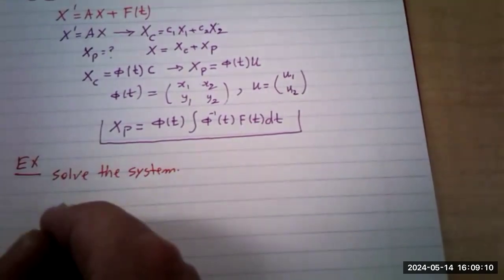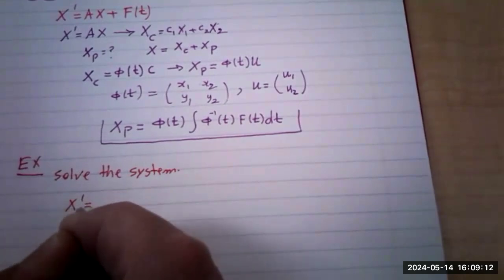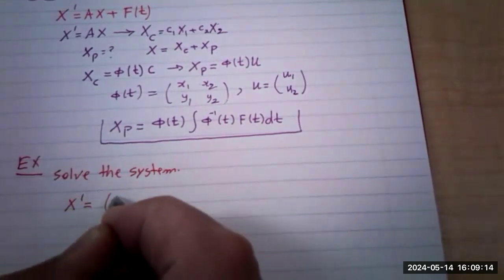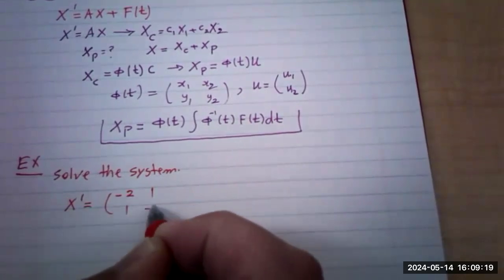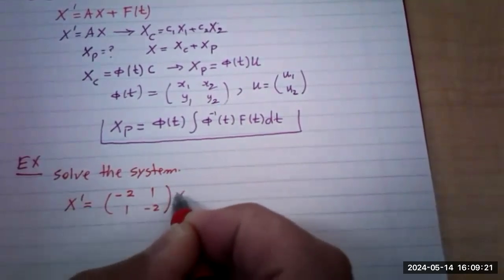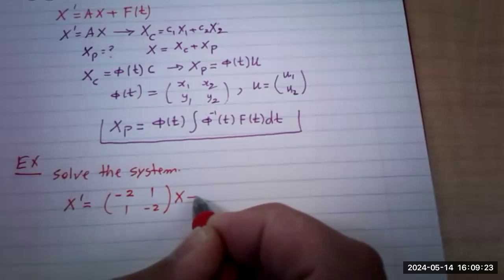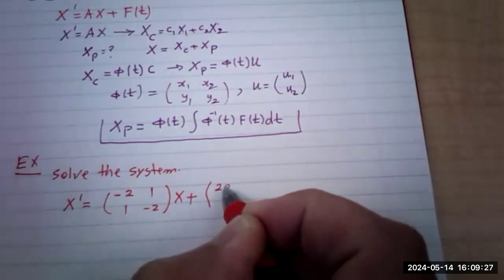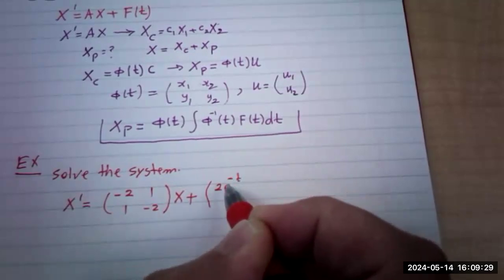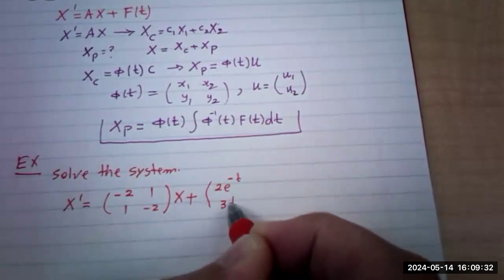The system is x prime equals the matrix -2, 1, 1, -2 times x, plus the extra part, which is 2e to the negative t, and 3t.